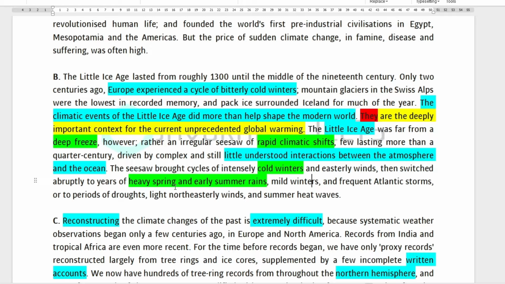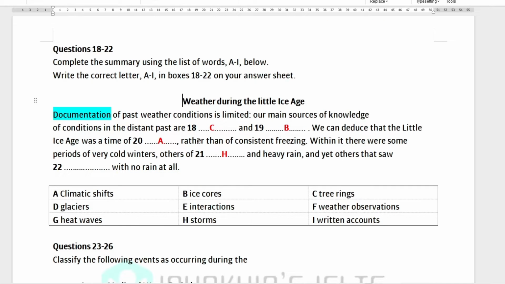So we know heat waves. Changes in climate also brought heat waves, periods of very high temperatures, right? And long periods of drought.